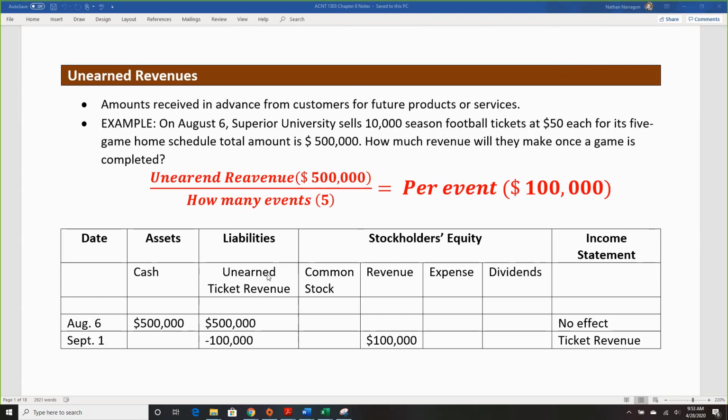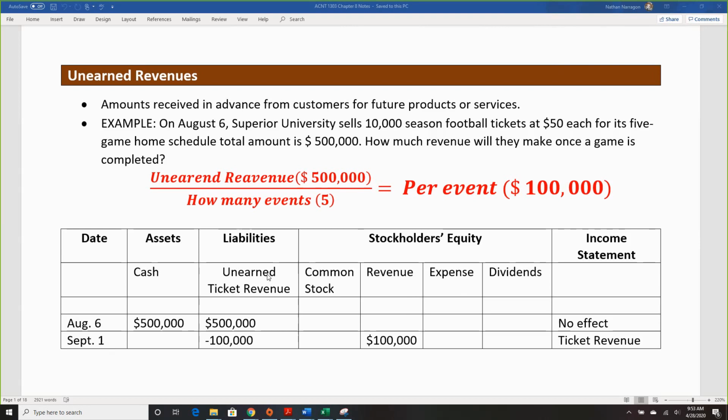So, of course, your book decides to do a sports event. So, on August 6th, Superior University sells 10,000 season football tickets at $50 each. So naturally, 50 times 10,000 tickets gives us an amount of 500,000.